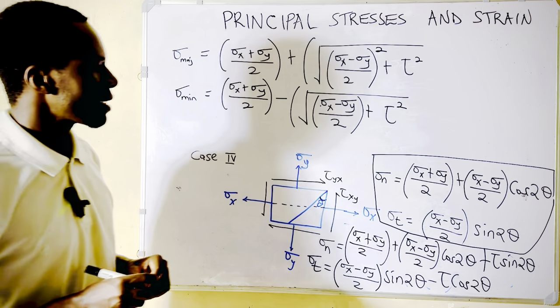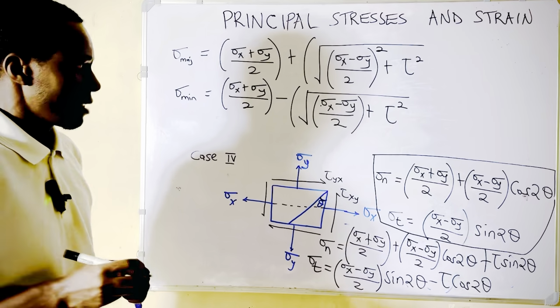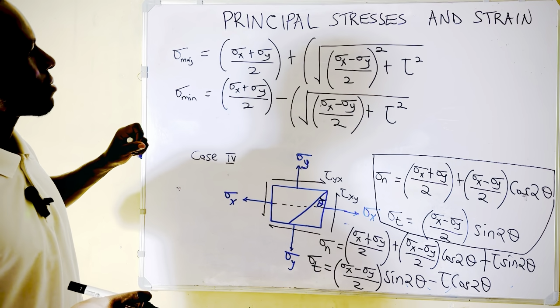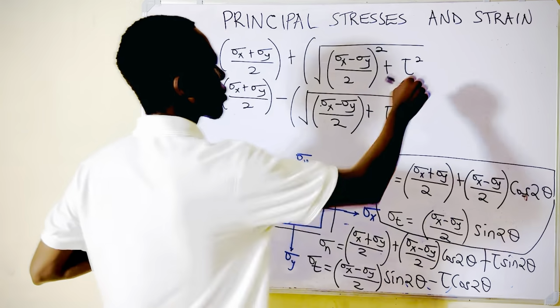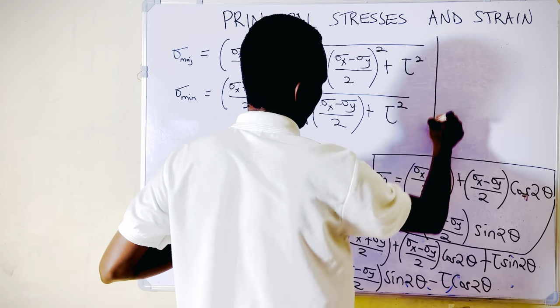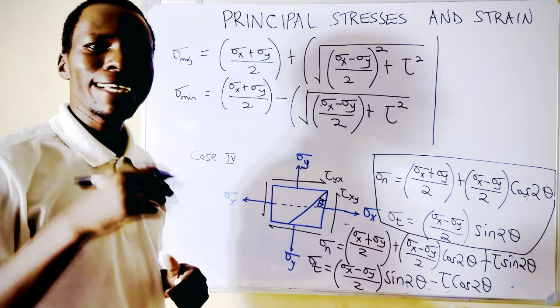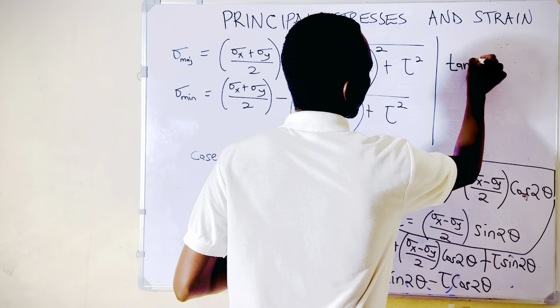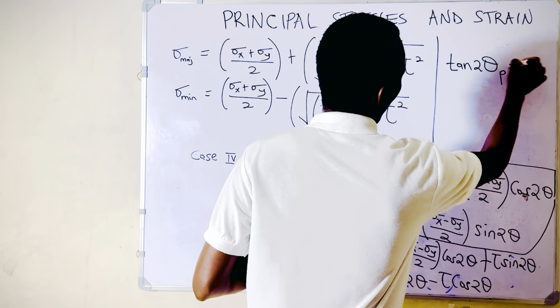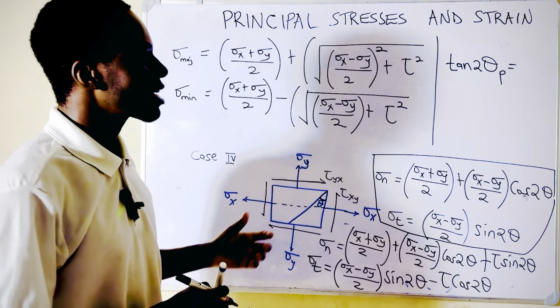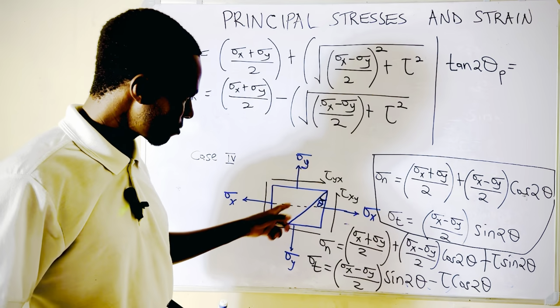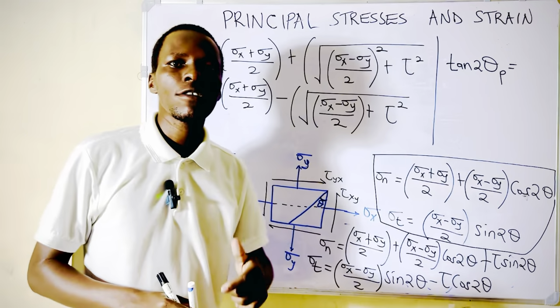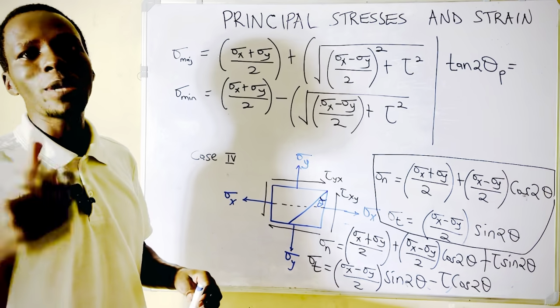Okay. Now, the thing is, these principal stresses, we can have what we call the orientation. Because what I want is, can I find how this plane is oriented? This plane. Remember, we have what we call the principal plane.